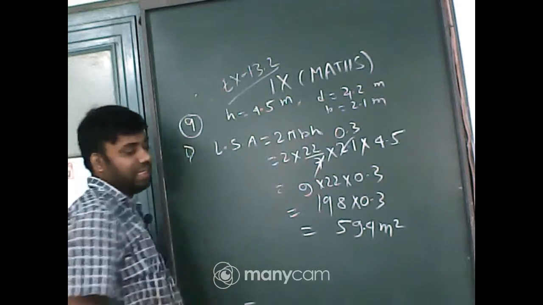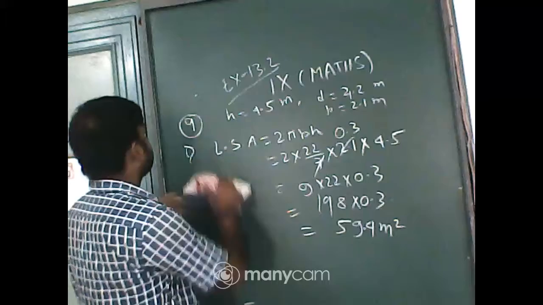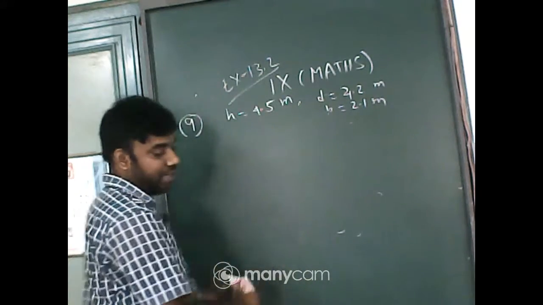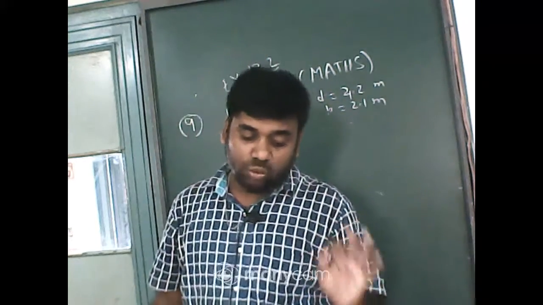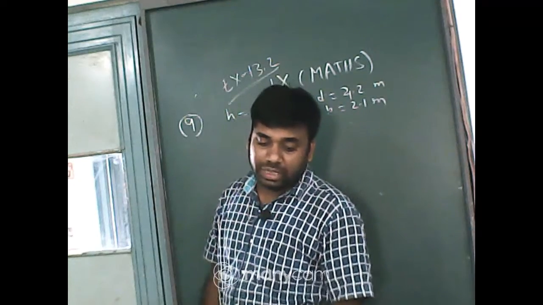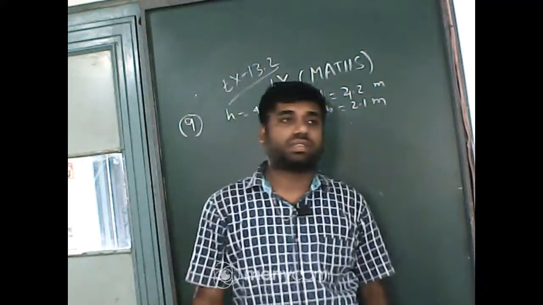Okay, the second part of the question. How much sheet is actually used if 1/12 of the sheet is wasted in making? First of all, forget about the last sentence.